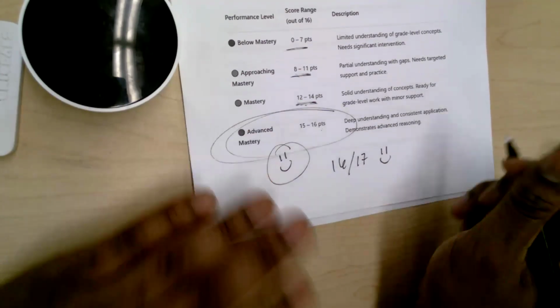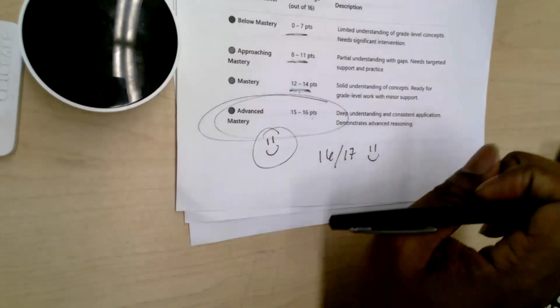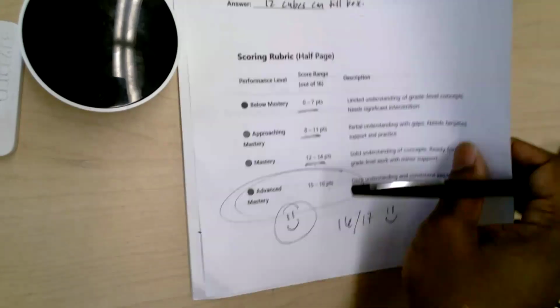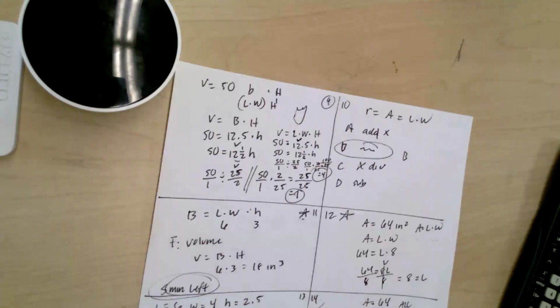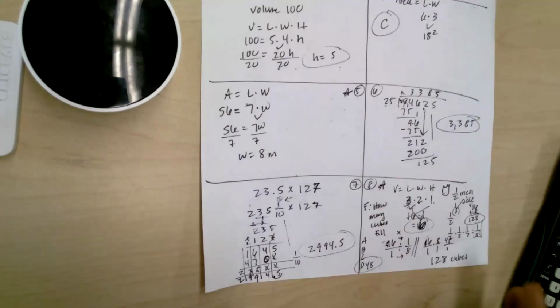And I'm happy because that lets me know that I'm in the 90th percentile of New Jersey for part 1, right? Okay, I'm gonna send this answer key to your parents so that you can score yourself, which you already probably did. And if you didn't do well, you can look at this video to see how I was able to use my scrap paper to solve my work, right?